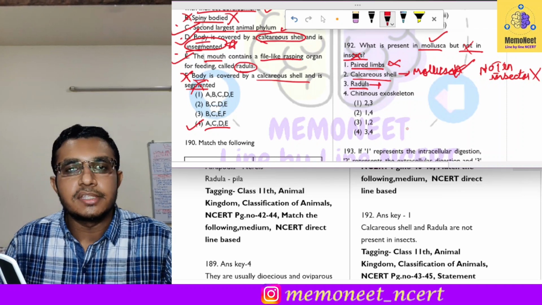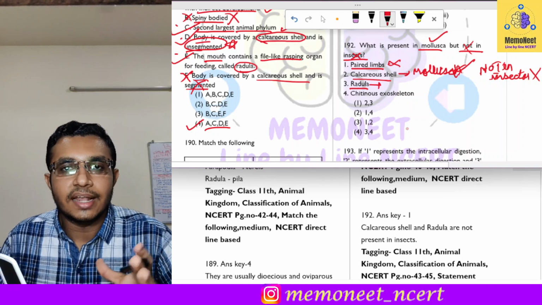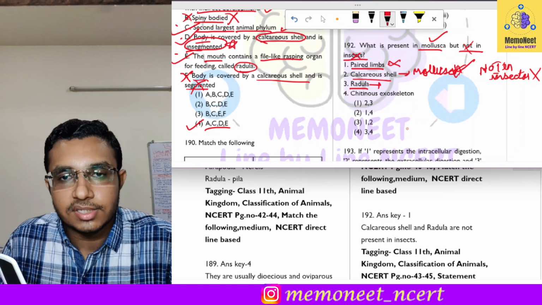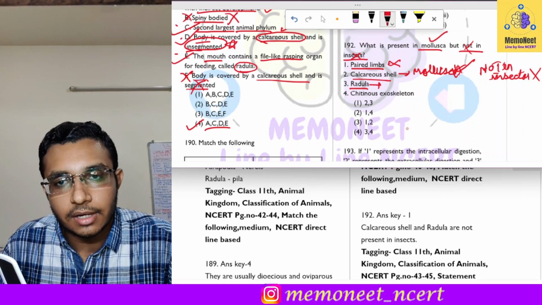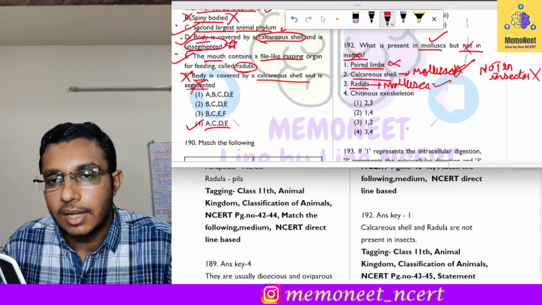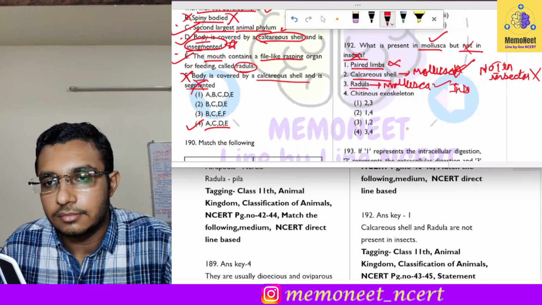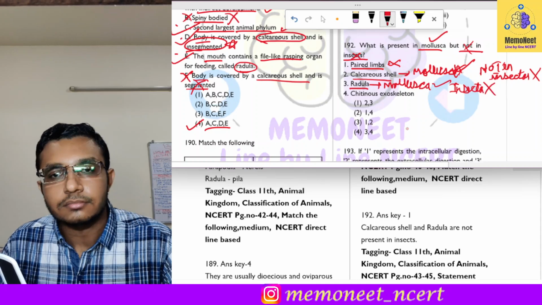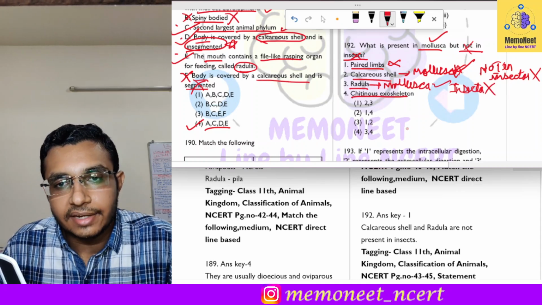Then radula. Radula is a file-like rasping organ which is the characteristic feature of the phylum Mollusca. It is not found in any other phylum. So radula is also found in Mollusca but not in Insecta. Then fourth is chitinous exoskeleton.